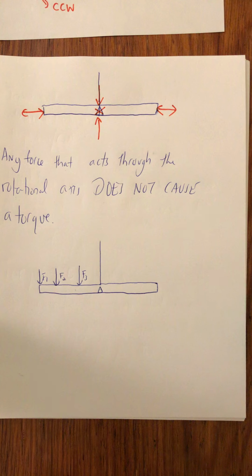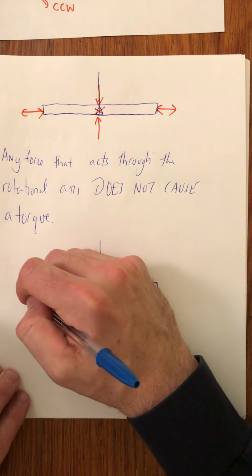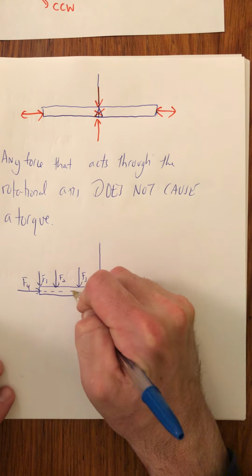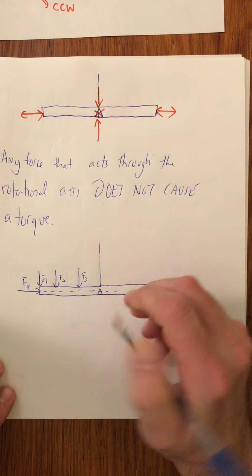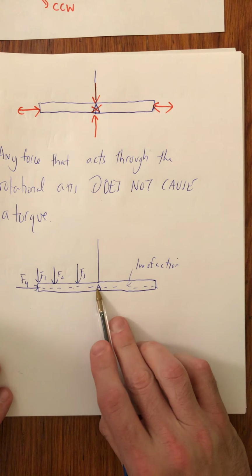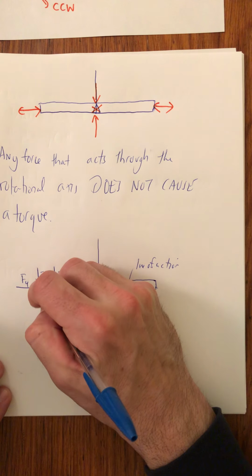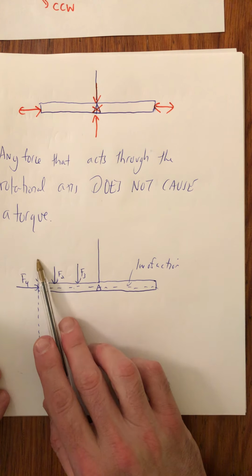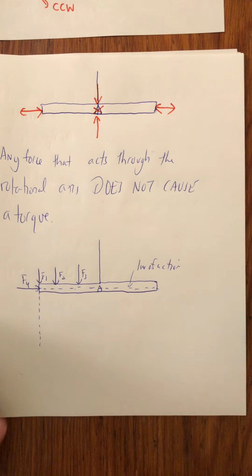Let's do another one, force 4. Notice it acts at the same point that force 1 does, but it doesn't cause a torque. That's because this dotted line here, which I'm going to call the line of action of the force, goes through the pivot point and therefore does not cause a torque. Whereas force 1 here, its line of action doesn't go through the pivot point, so it does cause a torque.